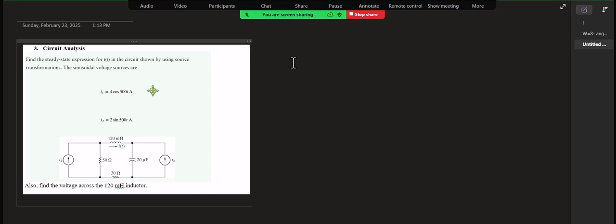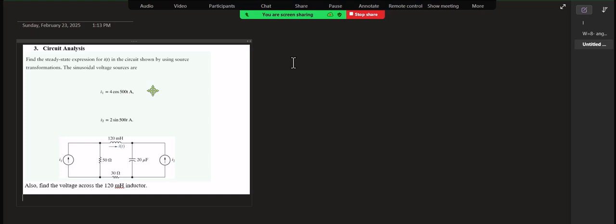All right. So now we have a circuit that has two current sources, and we're given those in the time domain, and we need to find the steady state expression for i of t.